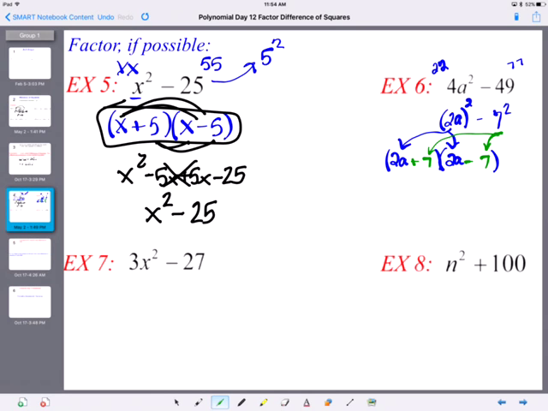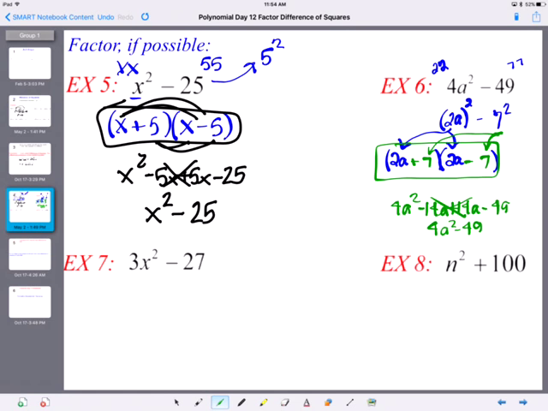So when you check this, 2a times 2a is 4a squared, 2a times 7 is negative 14a plus 14a minus 49, and in fact our center terms did cancel out, and we result with the original binomial that we started with. So the factors of 4a squared minus 49 are 2a plus 7 and 2a minus 7.